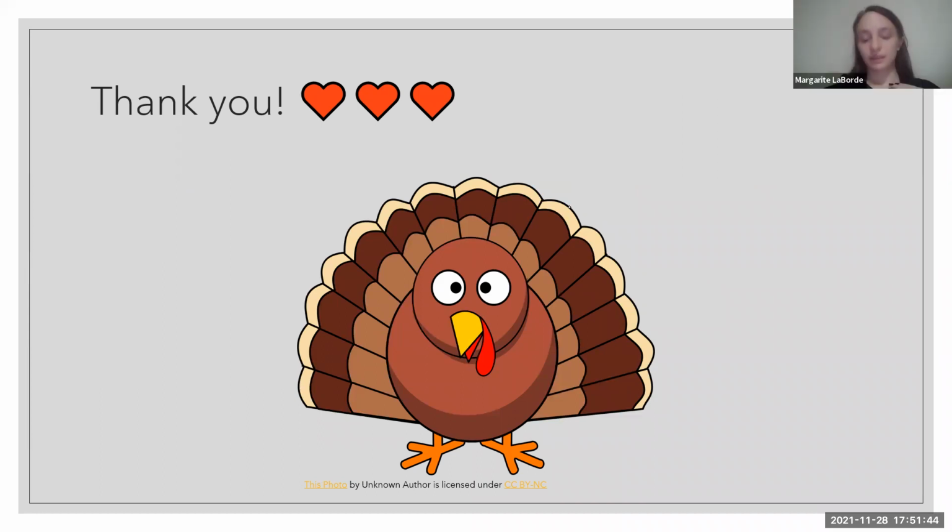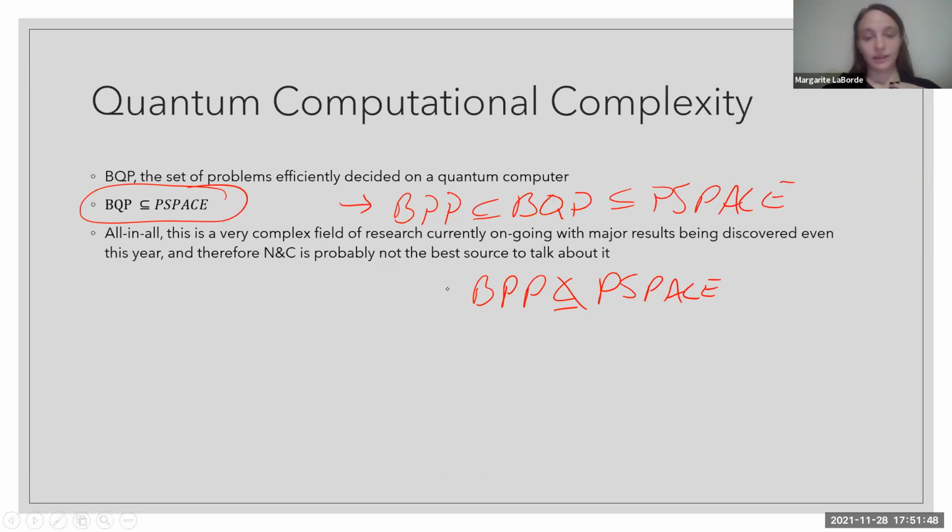So if we look back, it is included or equal to, as with most complexity statements. So it is not known that it's a strict inclusion. If it is a strict inclusion, but not equal to, that's when you can say interesting things. But it is typically considered to be a subset of BQP.